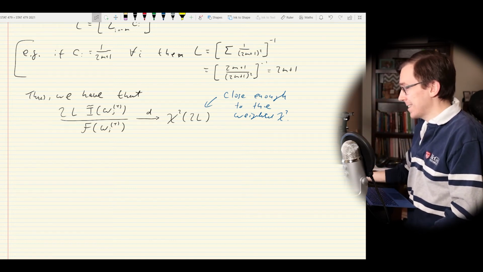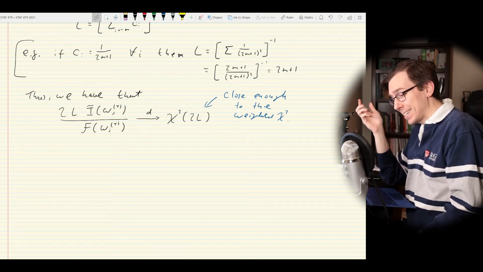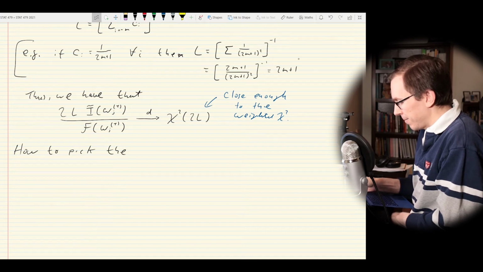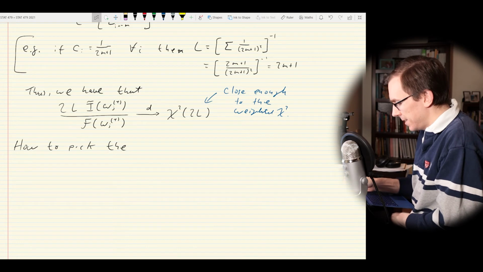Okay, so then the next thing is how in the world do we pick a good weighting scheme? So how to pick the, I think I was calling them C, right? CIs.